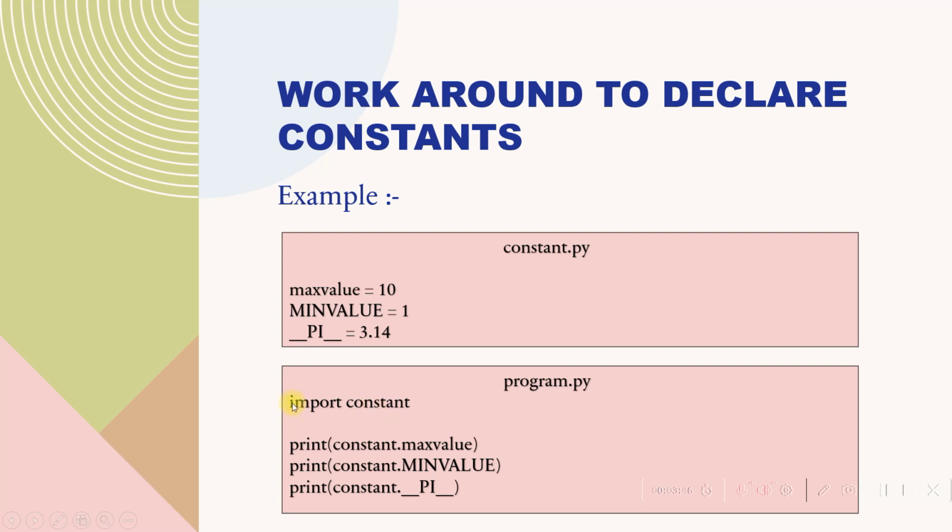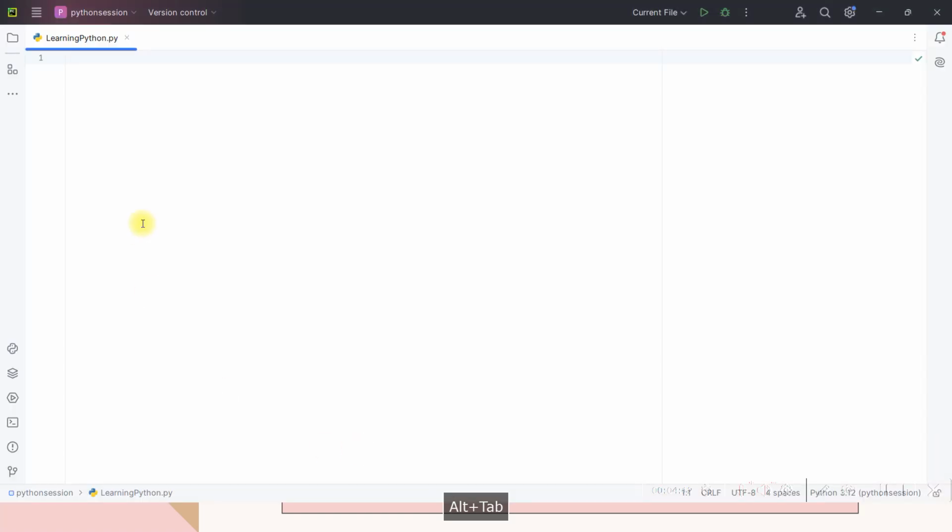But here, for example, I have used the first method, that is import constant, and then at the time of using the values of the constant variable, I'm using constant dot and then the variable name. So in this way, it helps me to remember that this is a constant variable and I should not try to modify this value. Okay, now let's see some demo here.